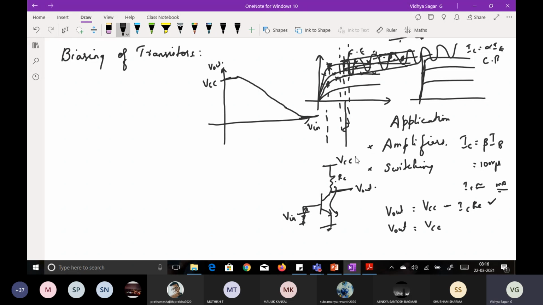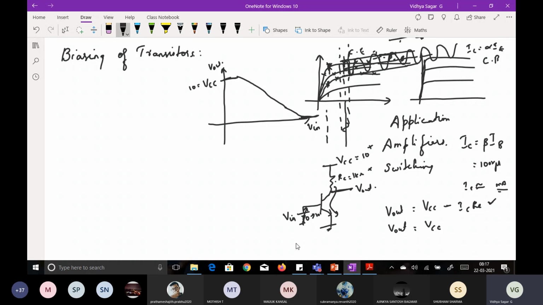So let us take a value. VCC equal to 10. V in varies from 0 to 10. RC I'll take as 1 kilo ohm, just reference values for your better understanding. Now when V in is 0, I could directly say V output is 10 volts, VCC equal to 10.